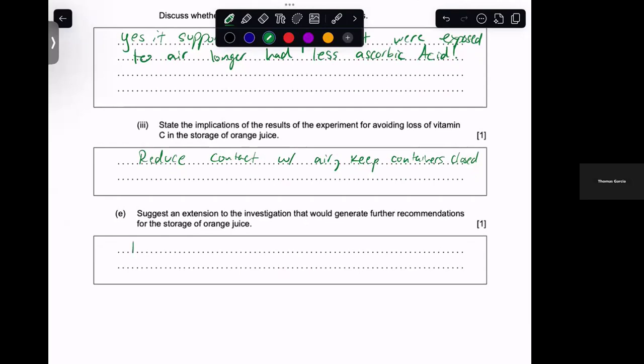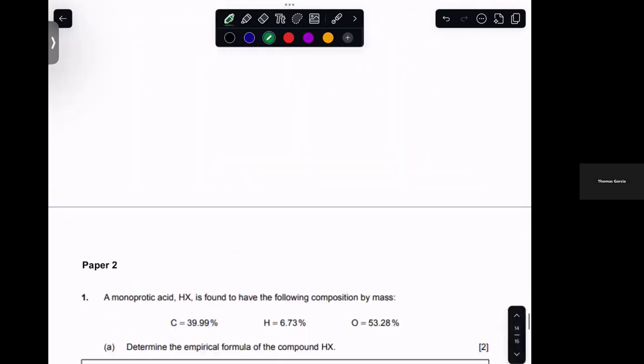Well, fridges have temperature settings, so maybe the effect of temperature on the rate of ascorbic acid decrease. So those would all be great things to test out.